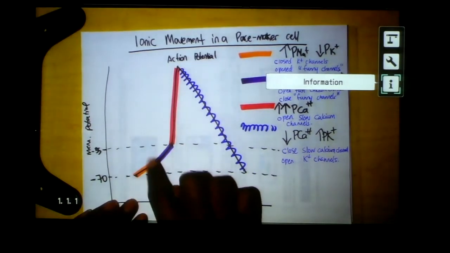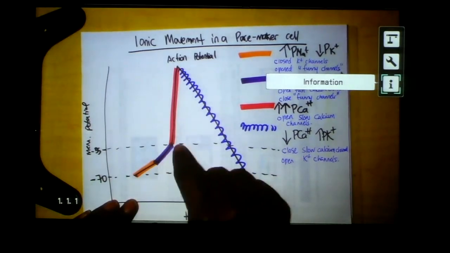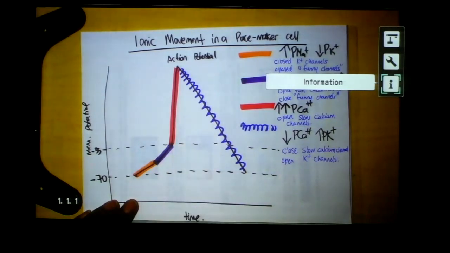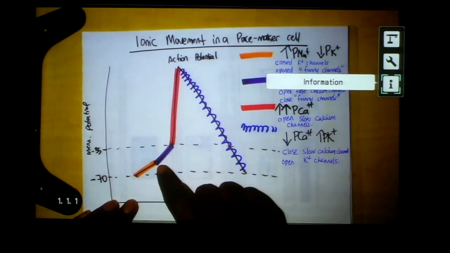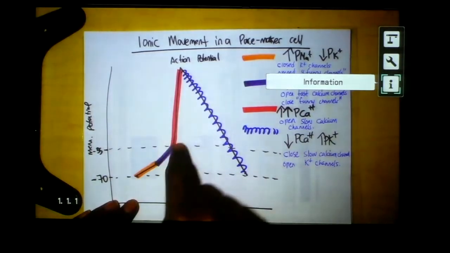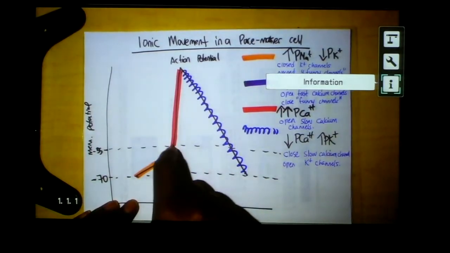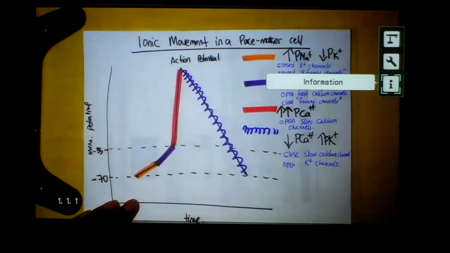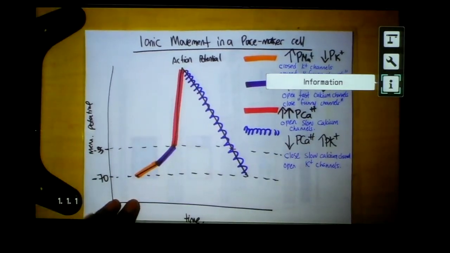So from rest, right away, we close potassium channels, and that helps depolarize this cell. Now, the excess sodium that starts to accumulate further triggers the opening up of fast calcium channels. And fast calcium channels open, and that's what gets us to threshold. Those T-type, those transient or fast calcium channels gets us to -55. And from there, we further open up calcium channels, a different type of calcium channel here.